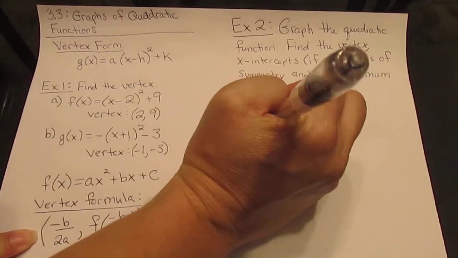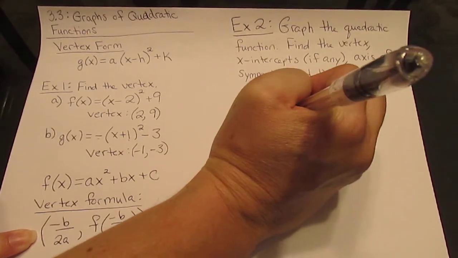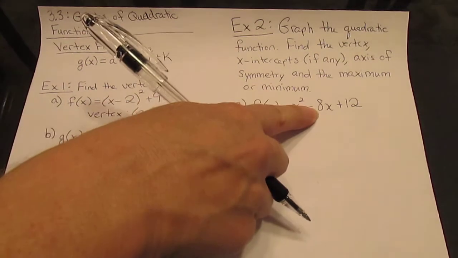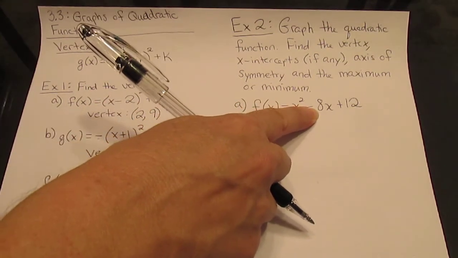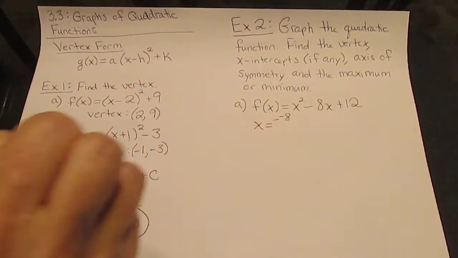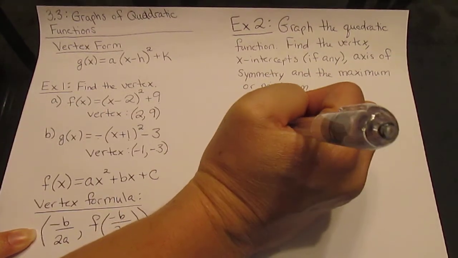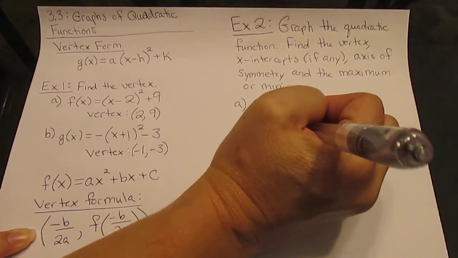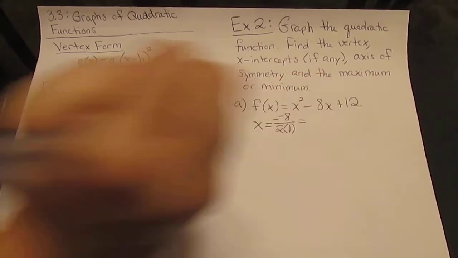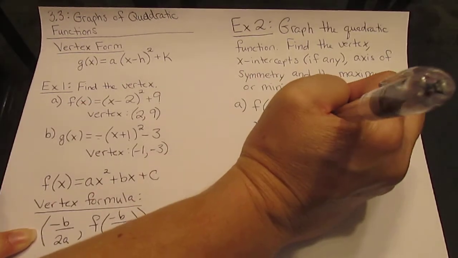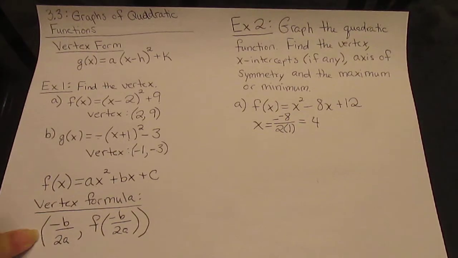So x equals negative b. My b here is negative 8. So negative negative 8, or again, just put positive 8 over 2 times my a is 1. And then we'll just simplify it. So we've got 8 divided by 2. So 4 is our x.